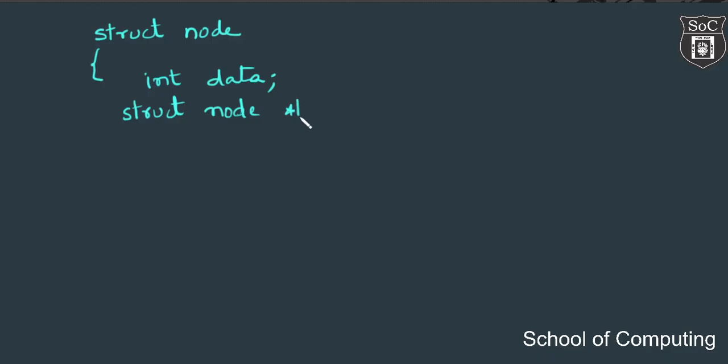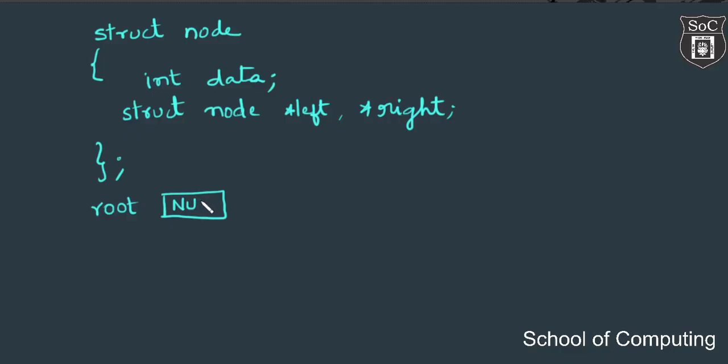So star left comma star right. This should be the structure, and initially I'll create a global variable called root, and we store null in it, because initially the tree is empty.